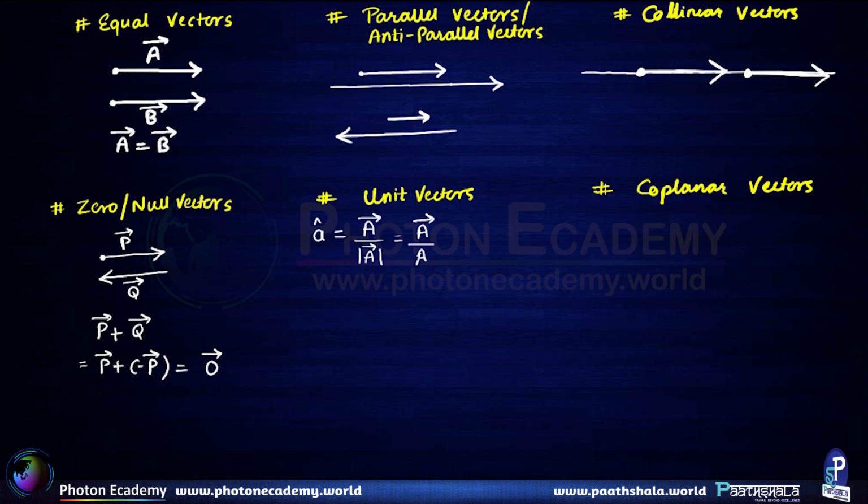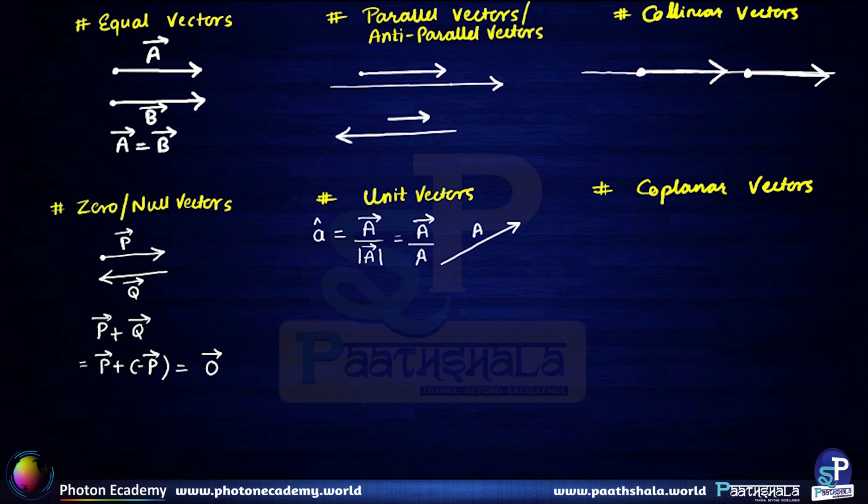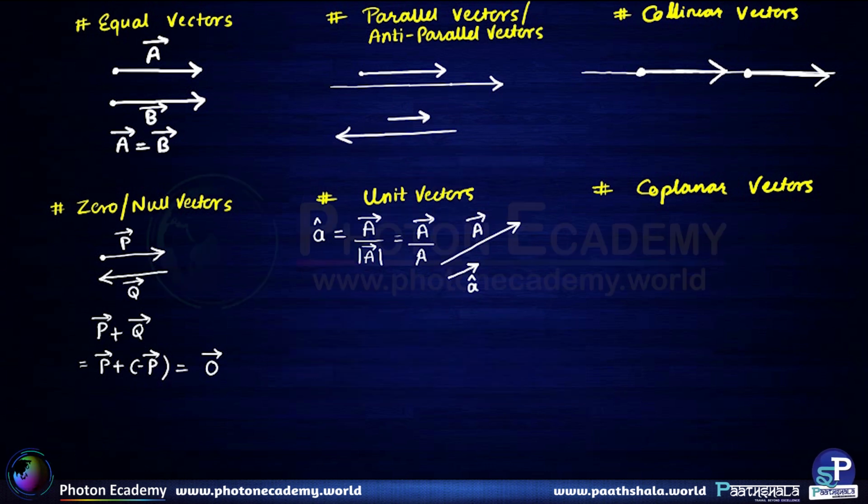Unit vector is a vector having magnitude of 1 unit and the direction that is specified as the direction of a. Like for example, this is a vector, then a cap, lowercase a cap, is the vector that points in the direction of a vector and has the magnitude of 1 unit.